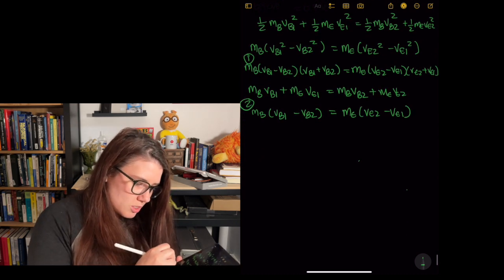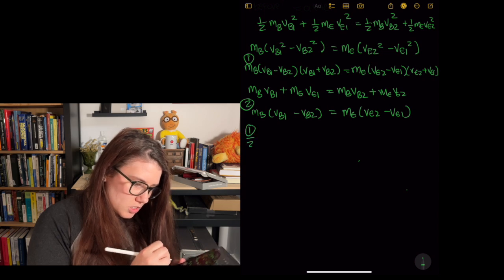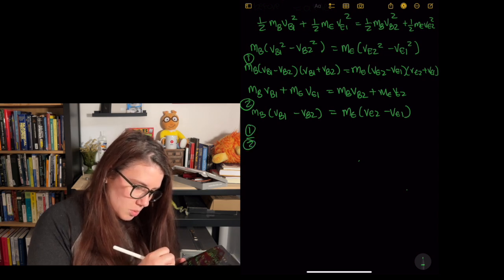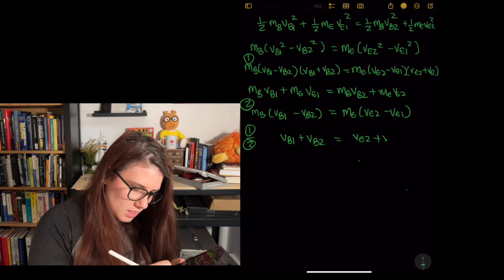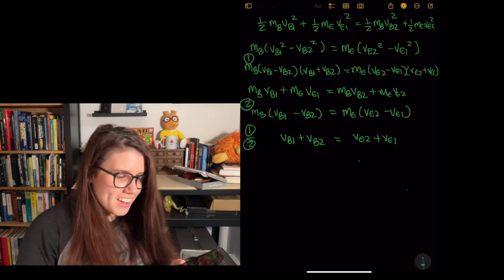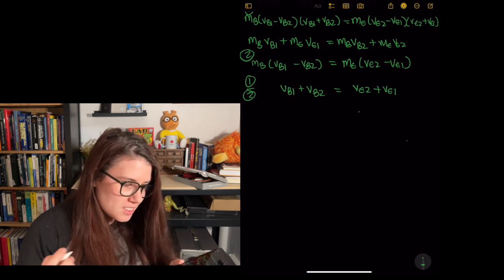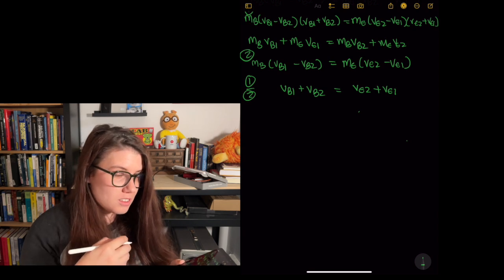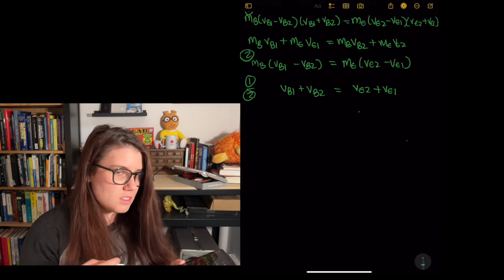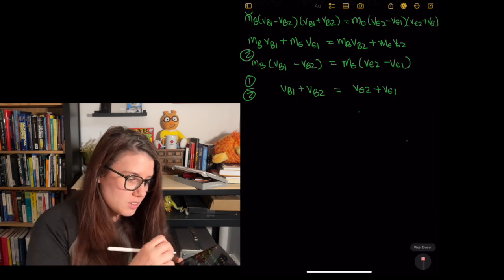If we take equation 1 and divide it by equation 2, we get something very simple, which is VB1 plus VB2 is equal to VE2 plus VE1. Okay, now let's rearrange this so all of our befores, before the collision, our v1s, are equal to all of our afters, our v2s.